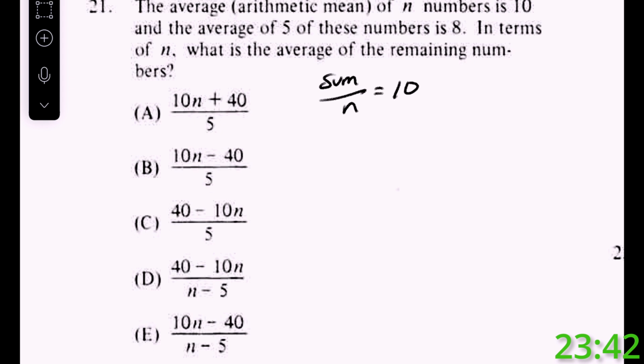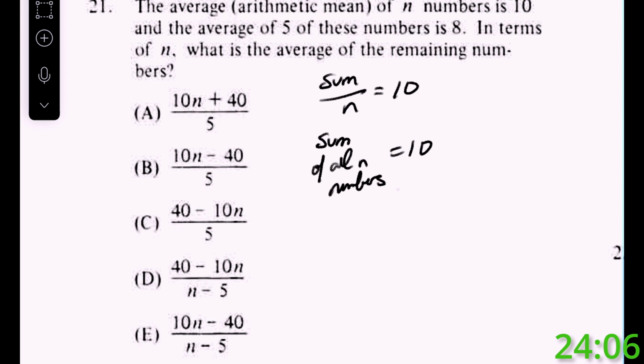So the sum of all n numbers is 10n. Okay, the average of 5 of these numbers is 8. Which 5? We don't know.